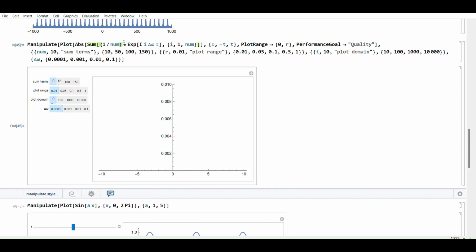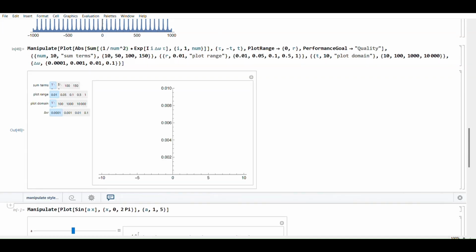Let me put num squared once again, and something funny with the range is happening.